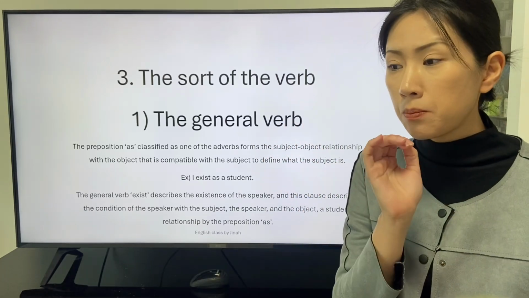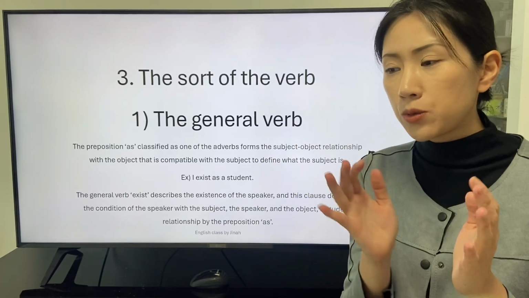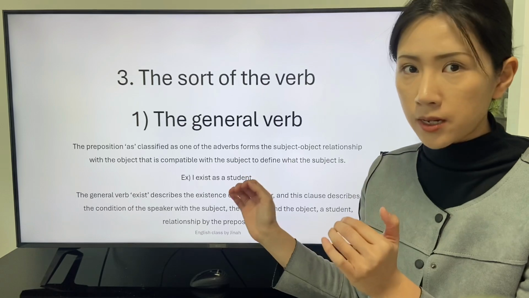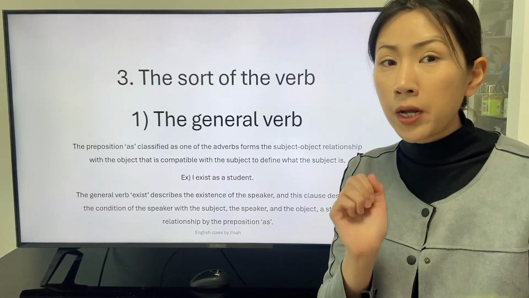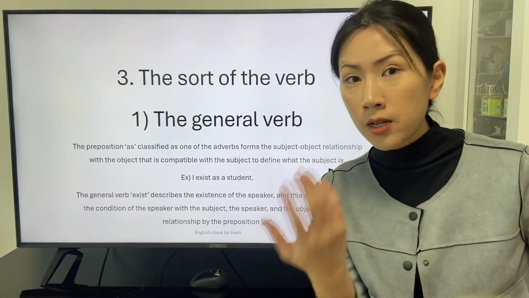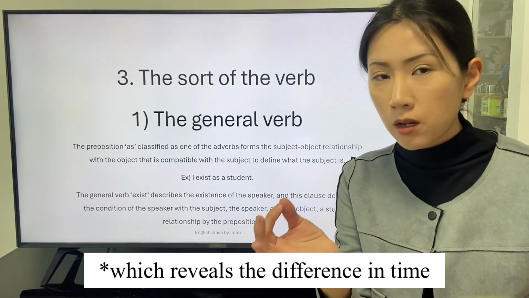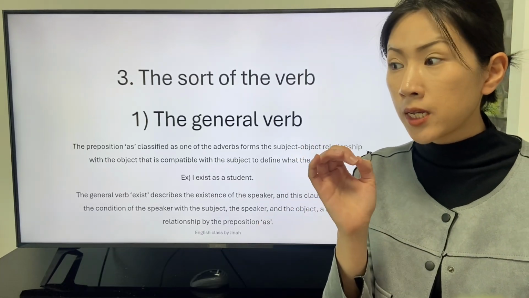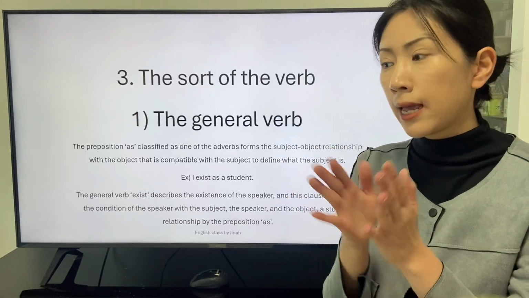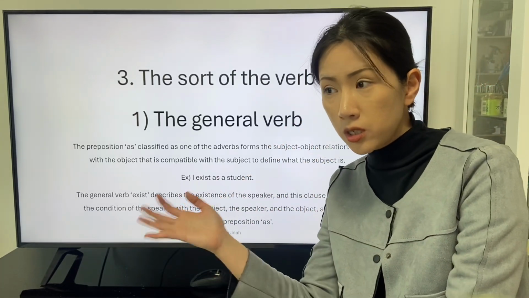The preposition makes a relationship between a subject and an object, like a verb. But the preposition does not connote the tense between the present and the definition of the preposition happens.